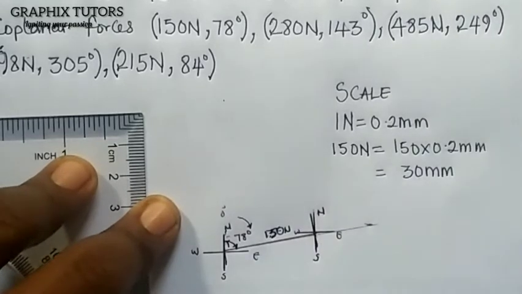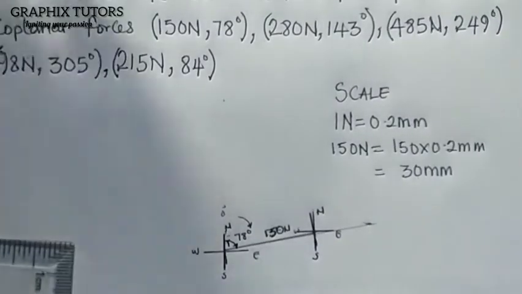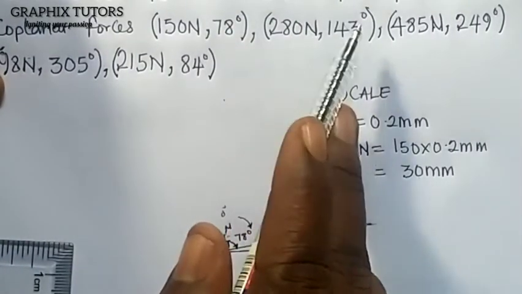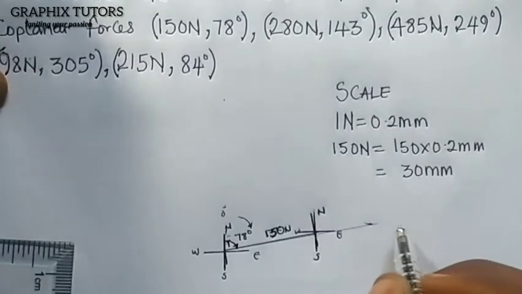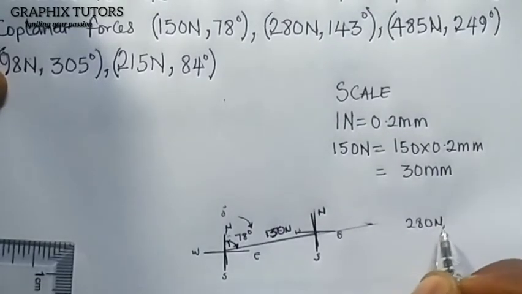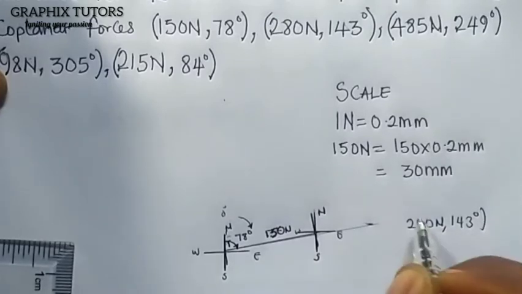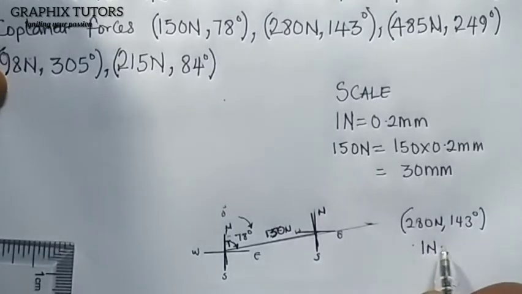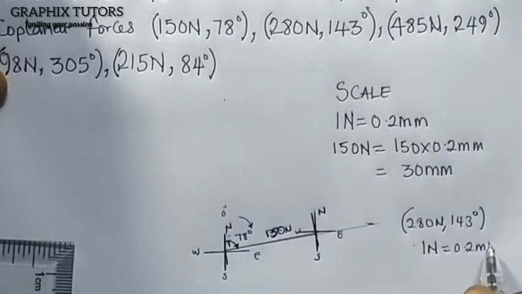Now, the other one is telling me 280 Newton at 143 degree. So for 280 Newton, in bracket, 143 degree, I'm going to do my scale again. I will say 1 Newton equals 0.2 millimeter.